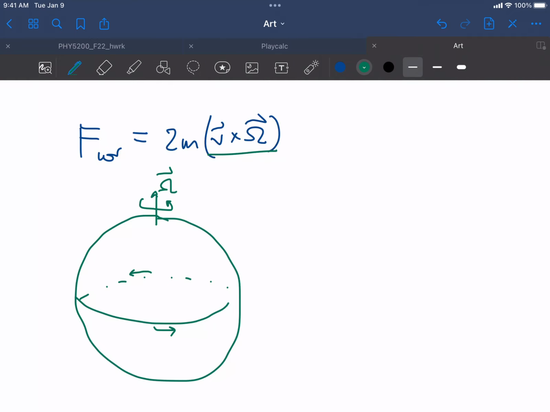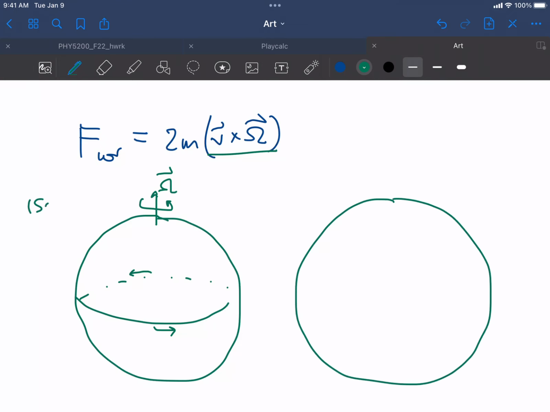Indeed, that is what is happening. We can also draw this from a top view. So this was an isometric view, and this will make a top view. And now the rotation axis is coming right at me. The omega vector is coming right at me, right there.